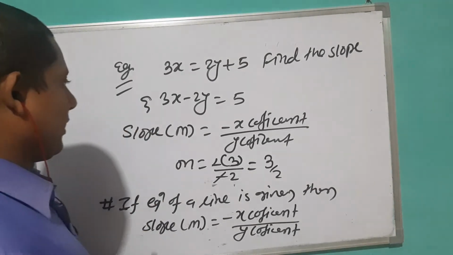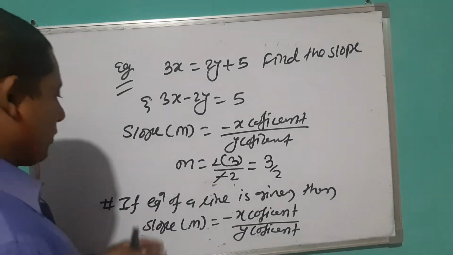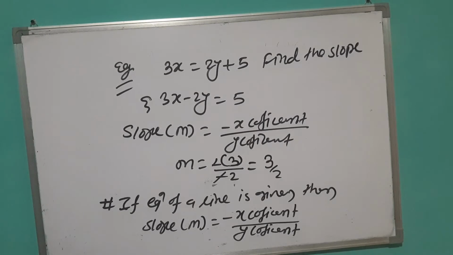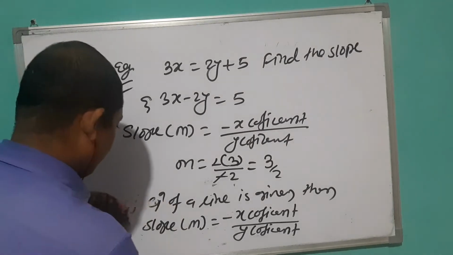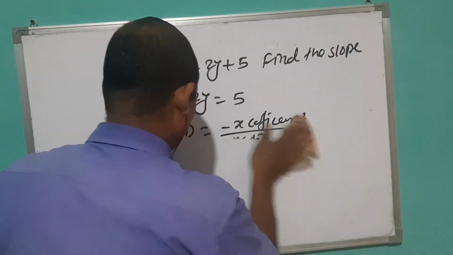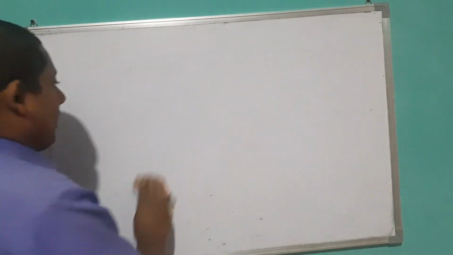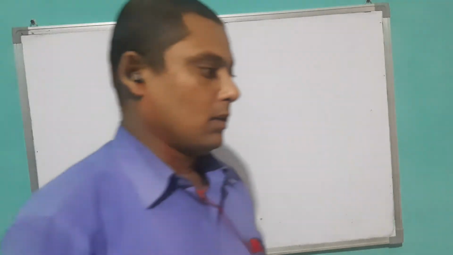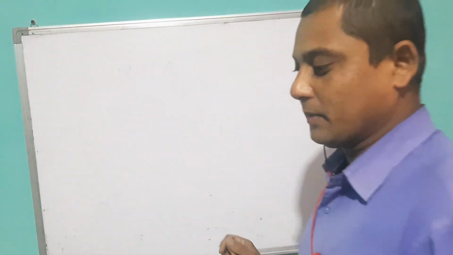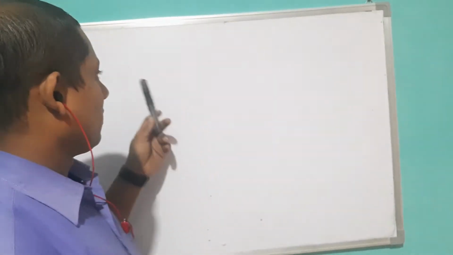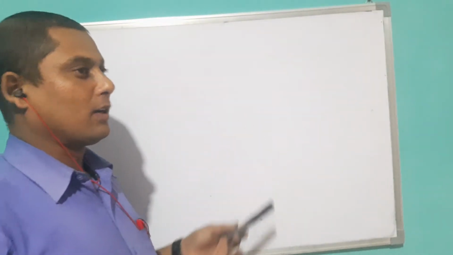Okay, let's move toward our topic. These are the two methods to find out the slope of a straight line. And now I am going to tell about the angle between two straight lines. This topic belongs to class 10 optional mathematics: how to find out the angle between two straight lines.